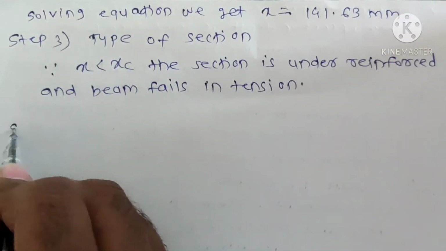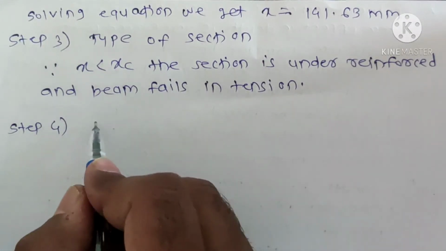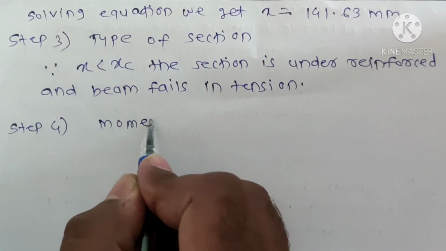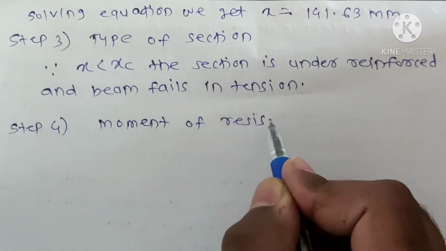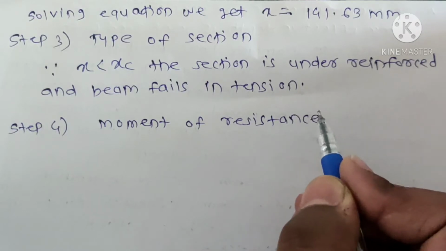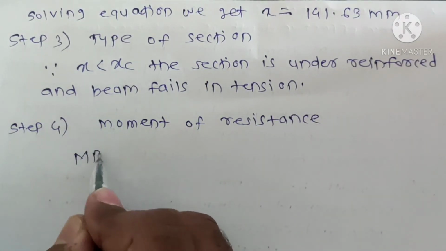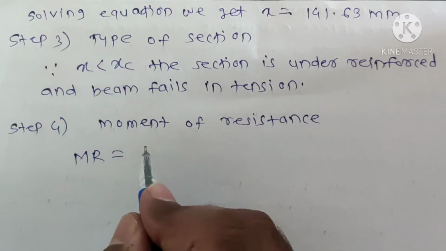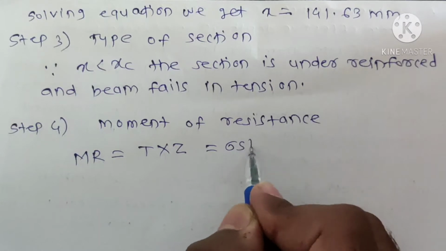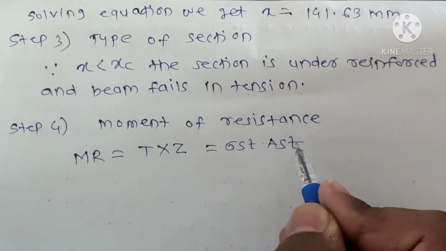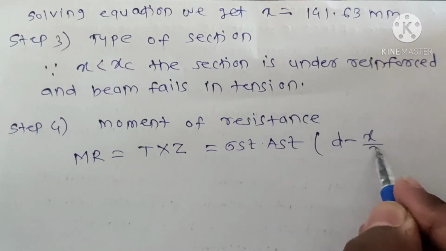Step number 4, moment of resistance. Mr is equal to T into Z, is equal to sigma ST into AST into (d minus x by 3).